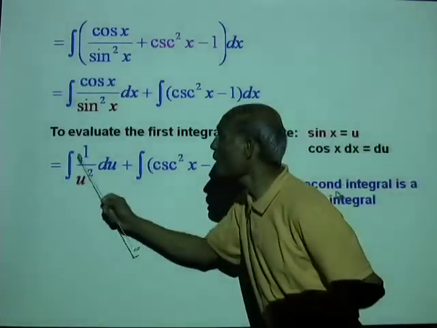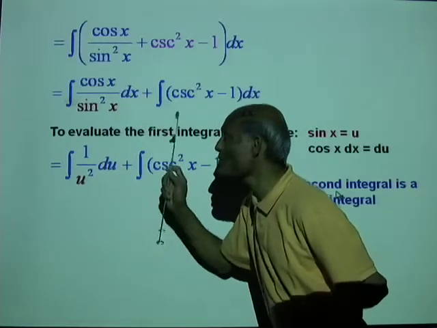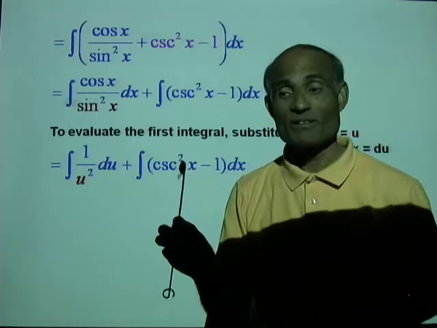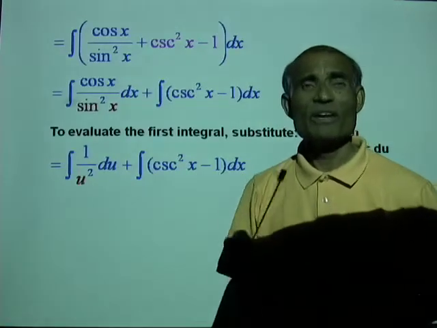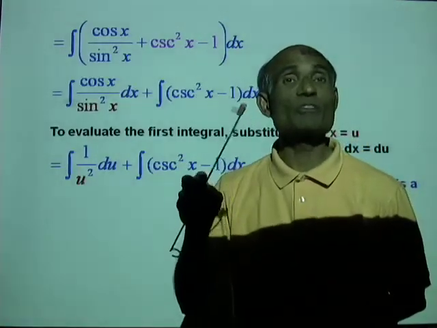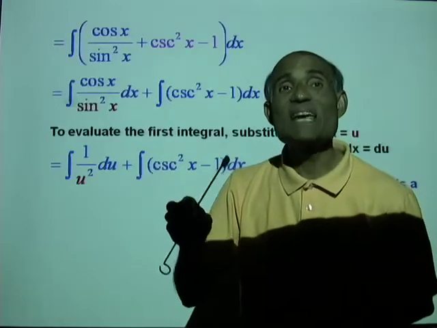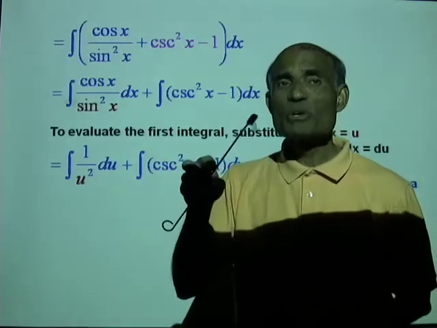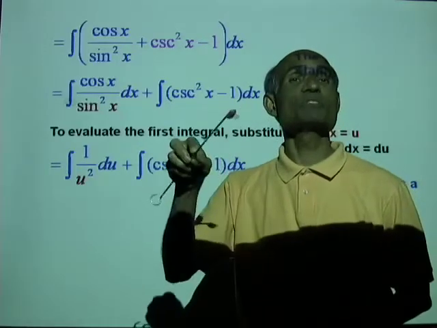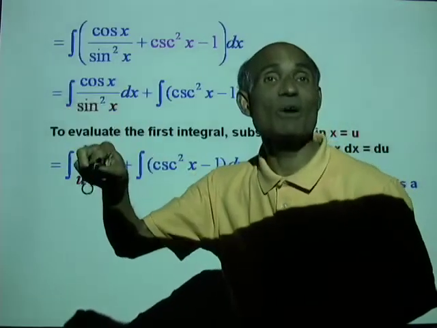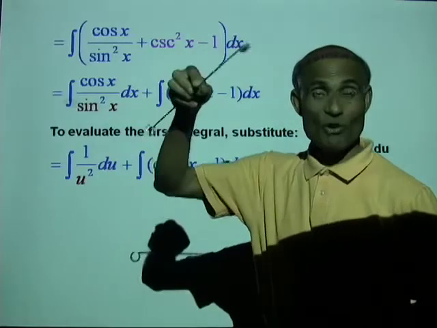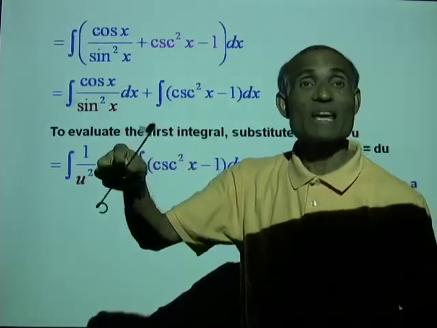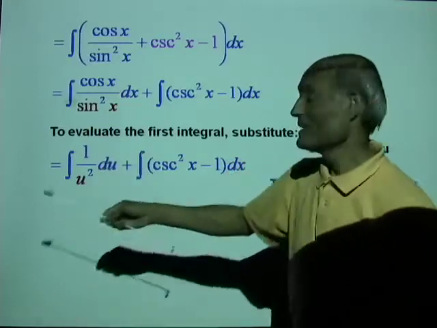What is integral of 1 over u squared du? We did this in the last class. Integral 1 over x squared dx is negative 1 over x. Why? Because the derivative of 1 over x with respect to x is negative 1 over x squared. Therefore, integral of 1 over x squared dx is negative 1 over x.